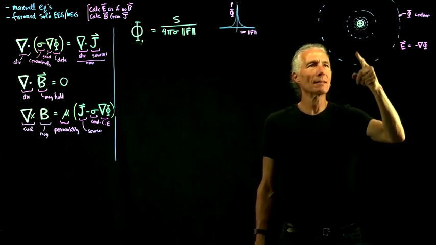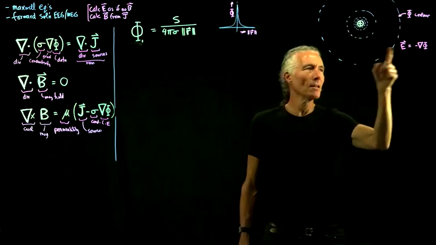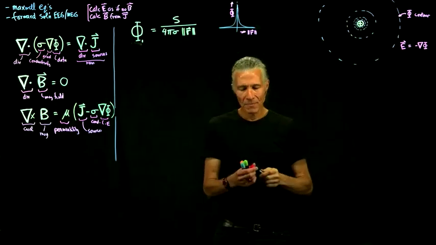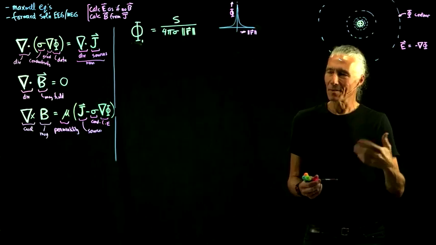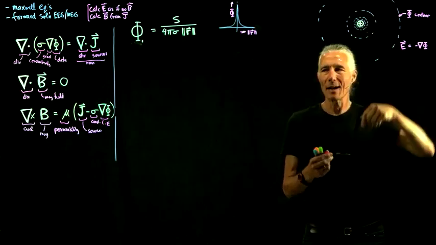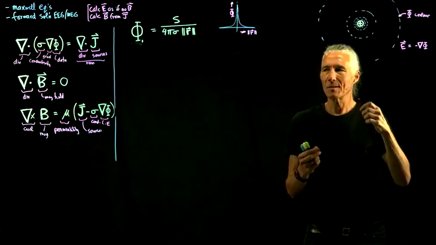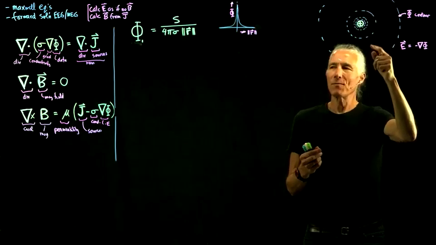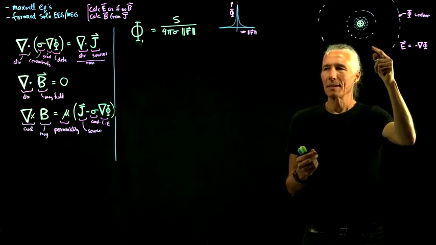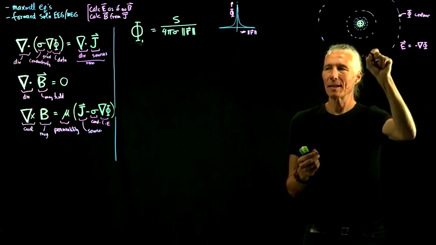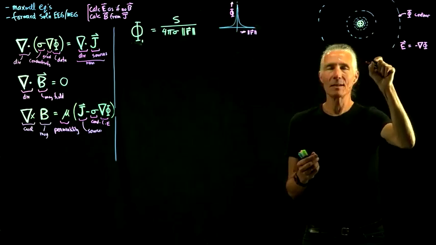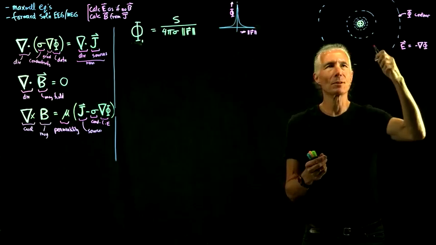Obviously the steepest uphill is pointing toward the charge, but we take the negative of it, so the opposite of the steepest uphill is going to be pointing out. And E represents the force that a positive test charge would experience. If you stick a positive test charge there, it's going to be pushed away.